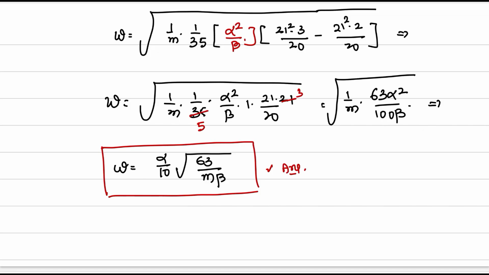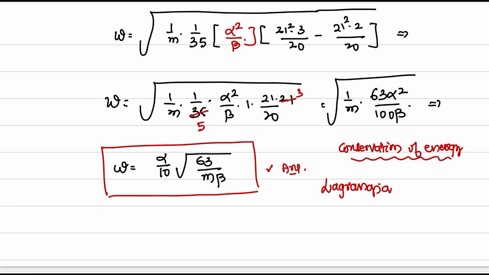This is derived from the principles of conservation of energy. We have never used any force formula or vectors. We have used the principle of conservation of energy and derived this. This is the fundamental concept of Lagrangian mechanics.